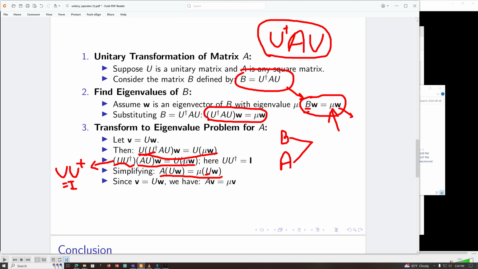If you look closely at this equation, we can see that A multiplies with this factor and mu multiplies with this factor on both sides.